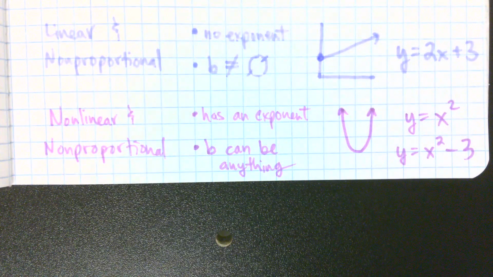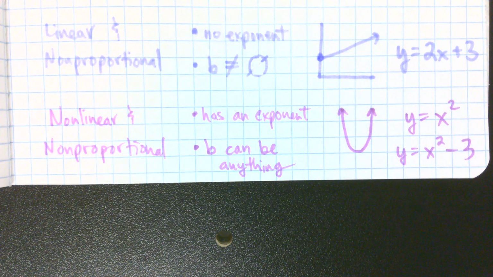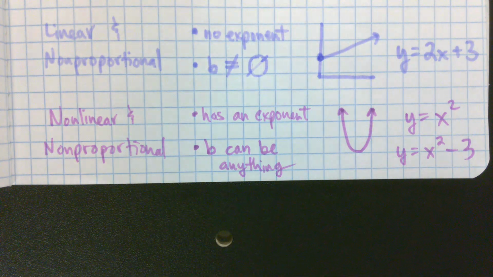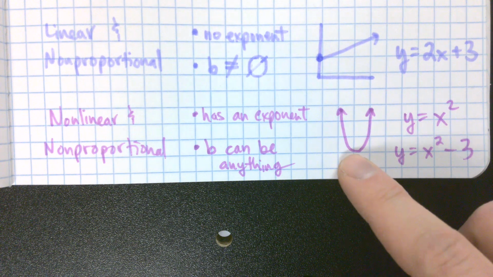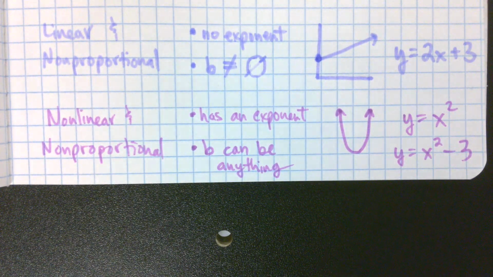I feel like a broken record. I feel like we've been saying this a lot, so hopefully it's stuck in your brain by now. If we have a proportional function, it is a straight line through the origin. Even if it goes through the origin, if it's not a straight line also, it is non-proportional.